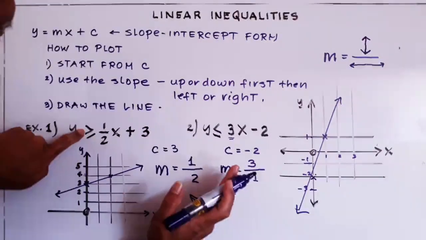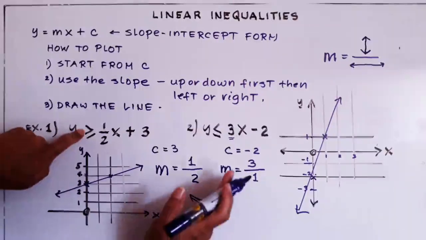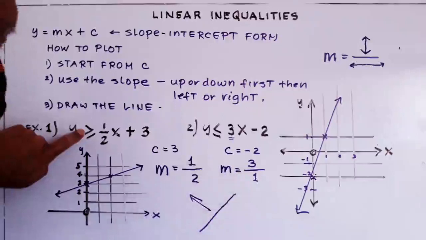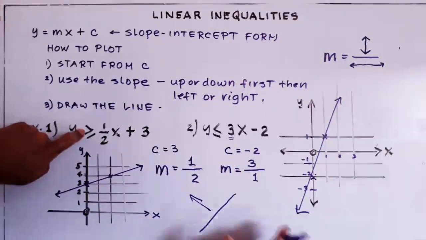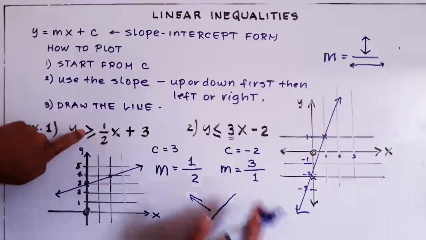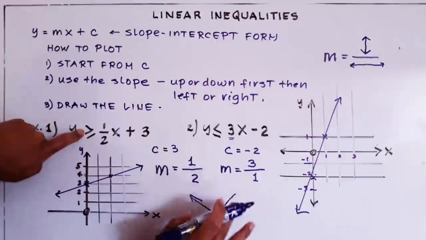While this one cannot go down because there's a barrier here. So this one is greater. Here is smaller, okay, or less than. This one is smaller. It cannot go up anymore. It will just go down forever. This one will go up forever.